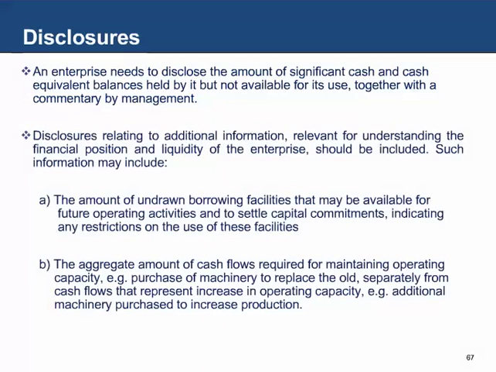Disclosures relating to additional information relevant for understanding the financial position and liquidity of the enterprise should be included. Such information may include the amount of undrawn borrowing facilities that may be available for future operating activities and to settle capital commitments, indicating any restrictions on the use of these facilities.